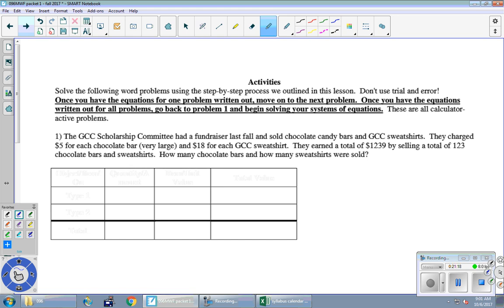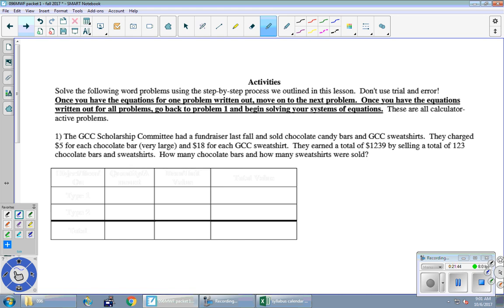But you're going to need to take your time coming up with label headings, for the columns and for the rows. It looked easy when it was all typed out for us in the demo, but take your time. There's work involved in figuring out what the labels should be. Okay, so here's what you're going to do. Kind of unusual instructions. You are going to set up the equations for one problem, meaning get to the place where you have 2 equations written out.